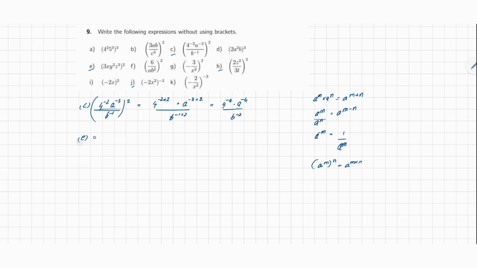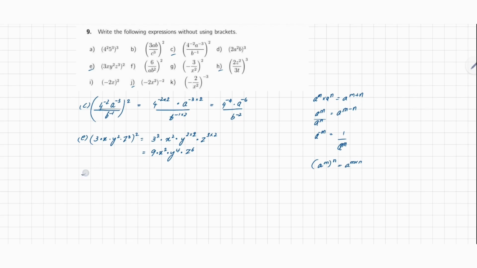Next we have question E. We can write this as 3 squared times x squared times y to the power 2 times 2 and z to the power 3 times 2 using this formula, which gives us 9 times x squared times y to the power 4 times z to the power 6.